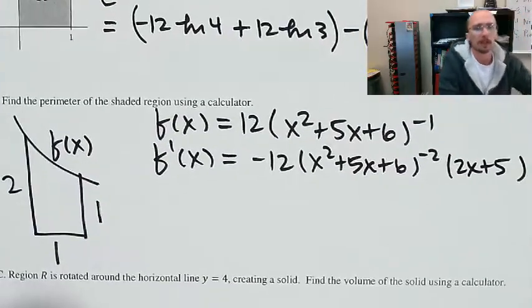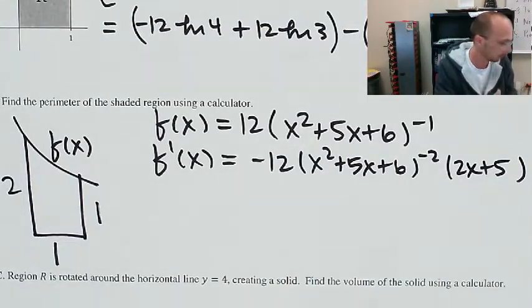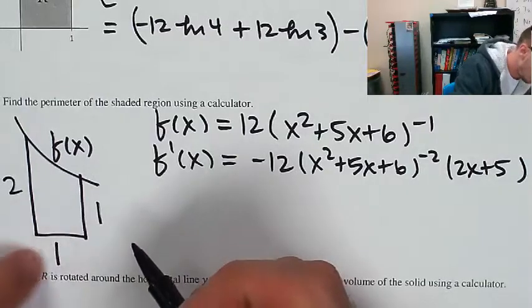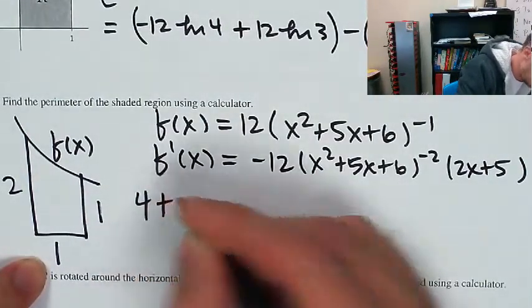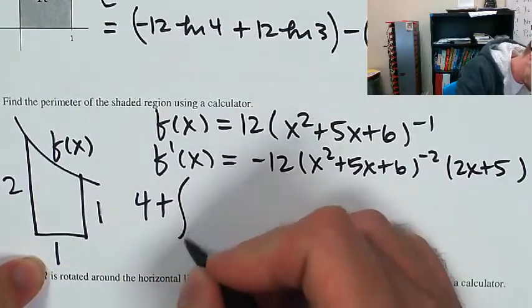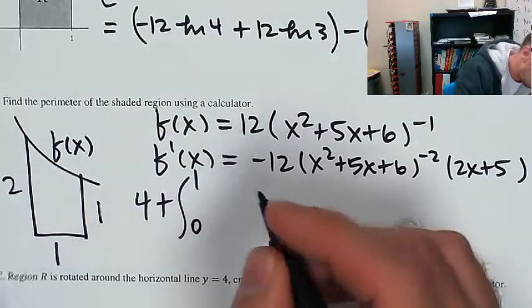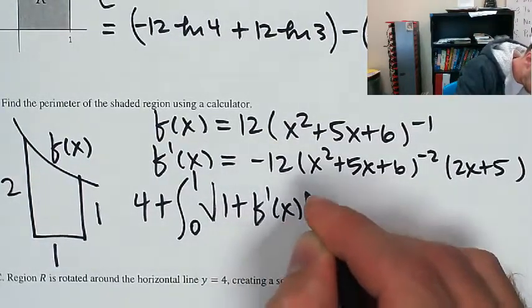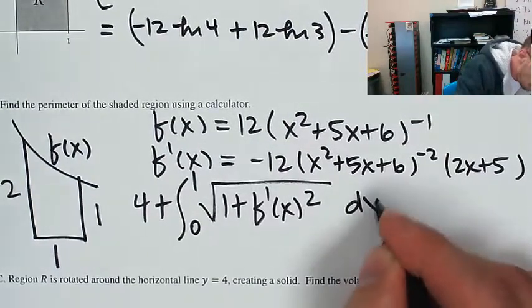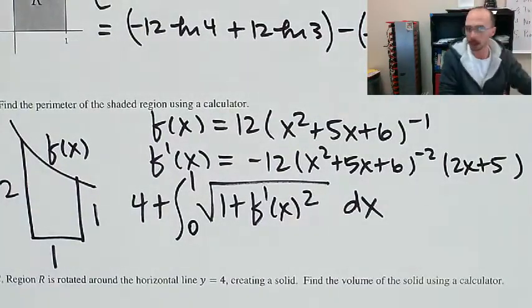Can't even see that. But okay, that'll be what I need to run through the calculator. So my perimeter will be 2, 3, 4, well, I guess the 4 plus the arc length integral, which is the integral from x equals 0 to x equals 1 of the square root of 1 plus f prime of x squared dx. I'm going to grab a calculator.